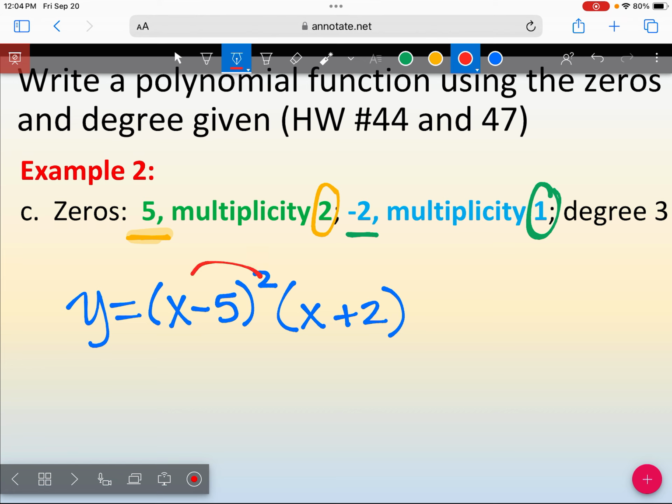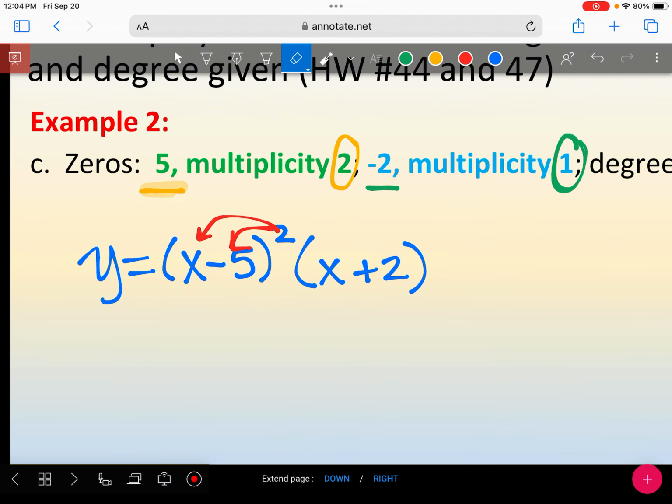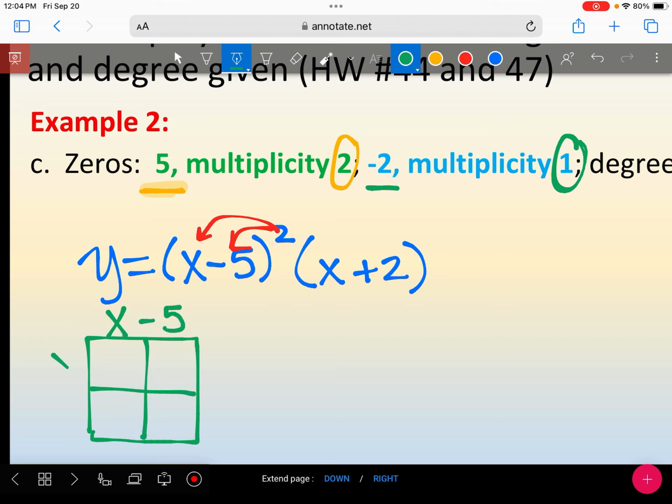So here was the mistake on chapter 2 tests. You cannot do this and say that it's x squared plus 25. If you're trying to square x minus 5, there should be 3 terms. So if you don't know the pattern, go ahead and make a box and multiply your x minus 5 times x minus 5.